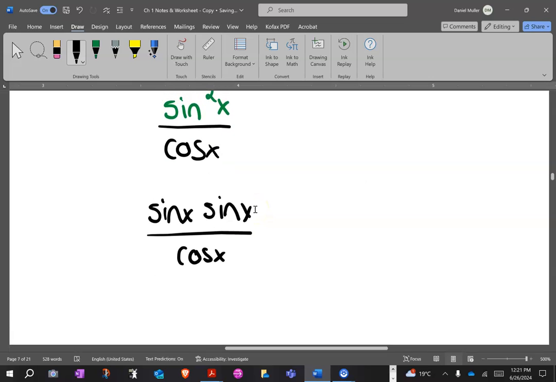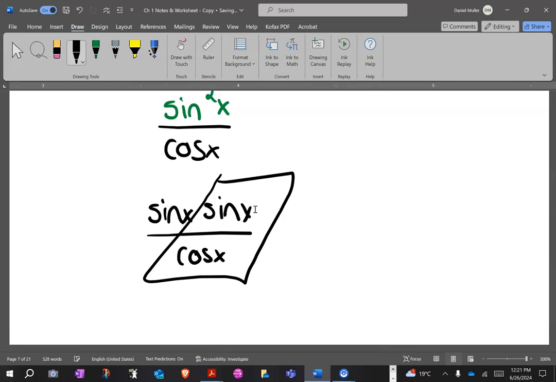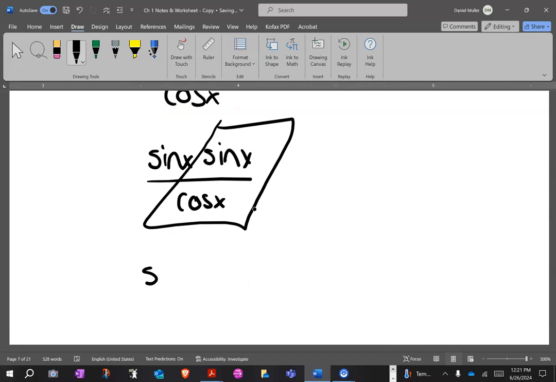But then if I do that, that is just a tan. So I really just have a sine x, and this one I can leave on its own because that will just become the tan.